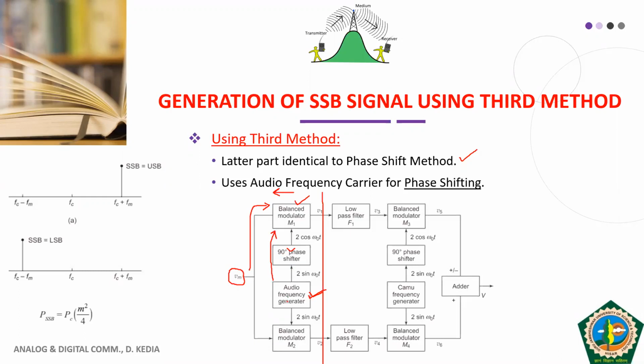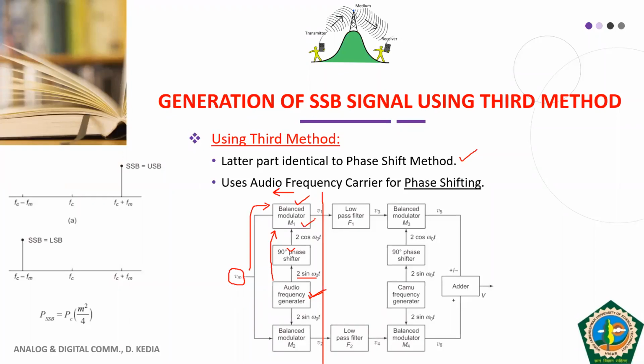For simple mathematical analysis, we have taken our audio frequency carrier as 2 sine omega naught t. The coefficient 2 is taken so that the term 1/2 that arises from trigonometry is removed. You will understand this in the mathematical analysis also, but right now simply concentrate on the concept.